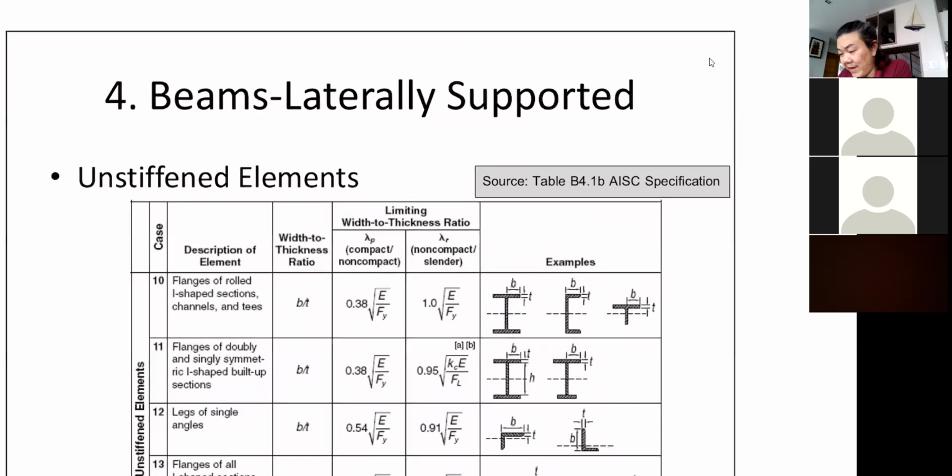So in order for the flange to be a compact section, lambda p is now only 0.38 square root of E over Fy. It's only 10 something, I don't remember the number, but 0.56 is the limit for compression members, right? That's 16. And the non-compact lambda r is just square root of E over Fy.